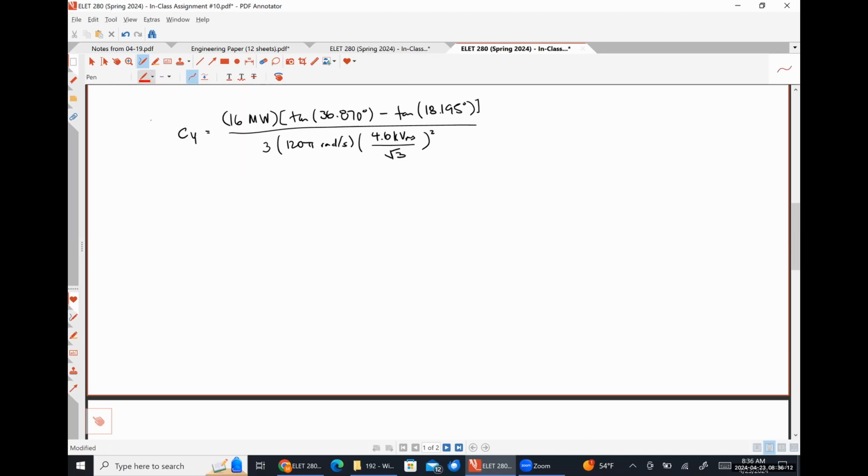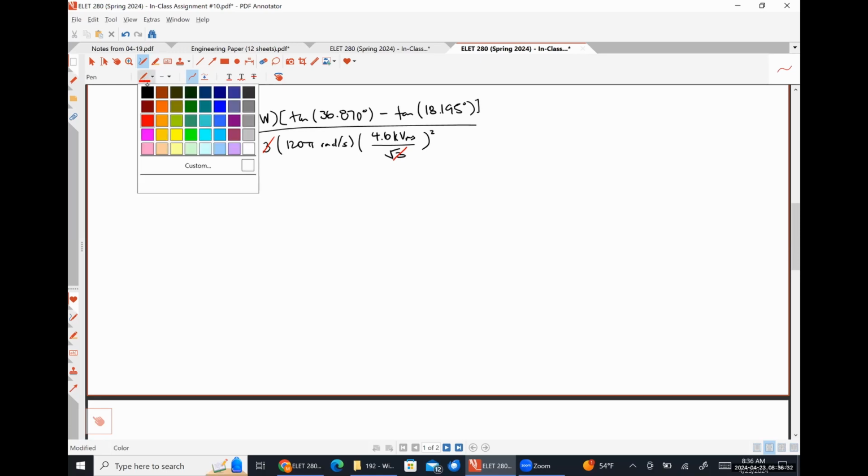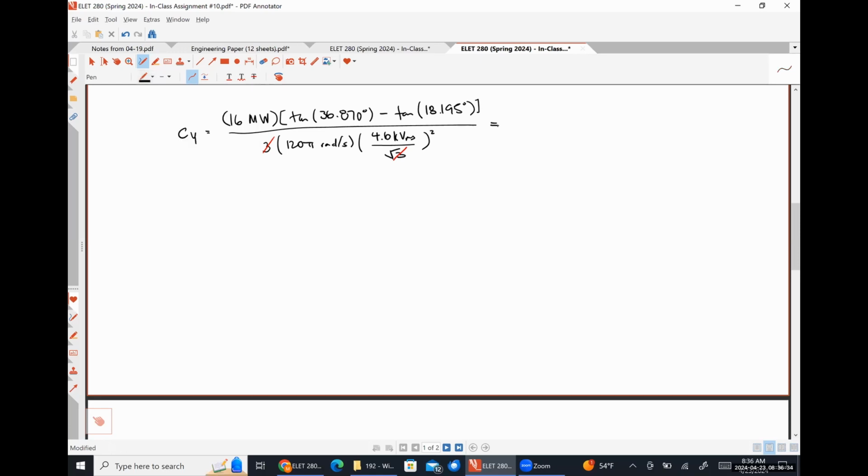So I have a 3 in the numerator of my denominator and a 3 in the denominator of my denominator, and those are going to cancel each other out. So 3 divided by root 3 squared is just 1, right? So this is what our CY is going to be. Let's throw this into our calculator really quickly.